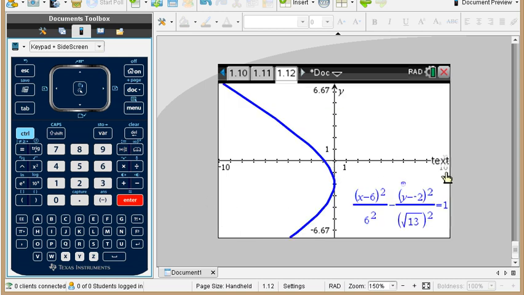So if we go to Analyze Graph, we're going to go to Analyze Conics, and then we go to 8, Eccentricity, and we put it on right here. We get 1.16667.